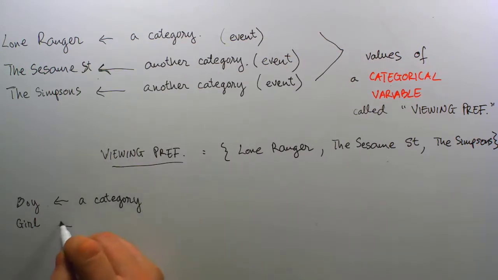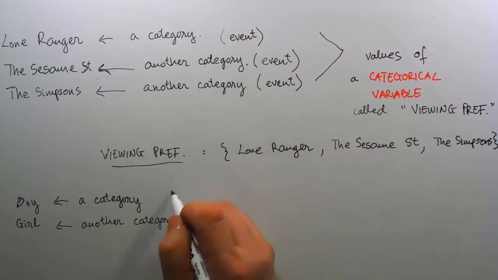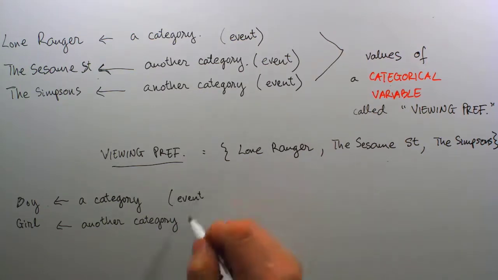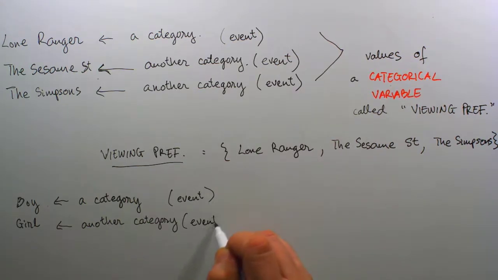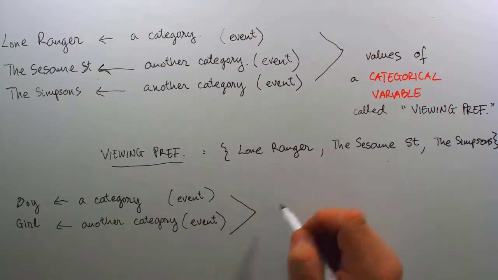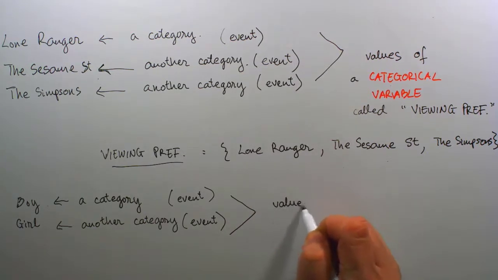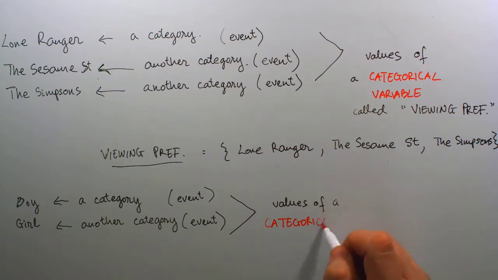And this is another category. Back when we were learning about probability, we referred to these as events of a probability question. But now, as I see it, being a boy or being a girl is simply a value of another categorical variable.